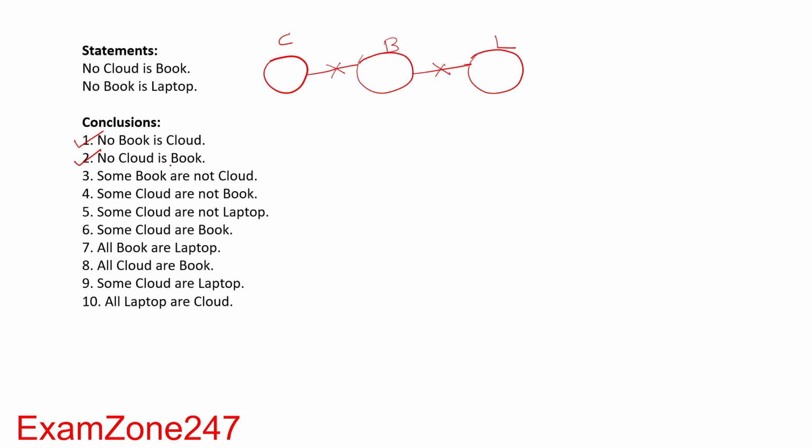Now I will tell you one shortcut. See, according to the statement, there is not even a single possibility that this and this have even one unit in common.